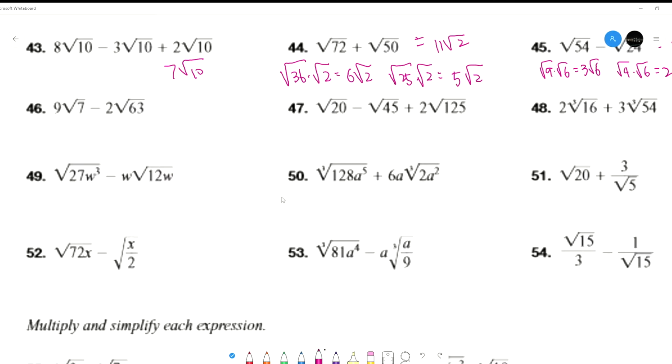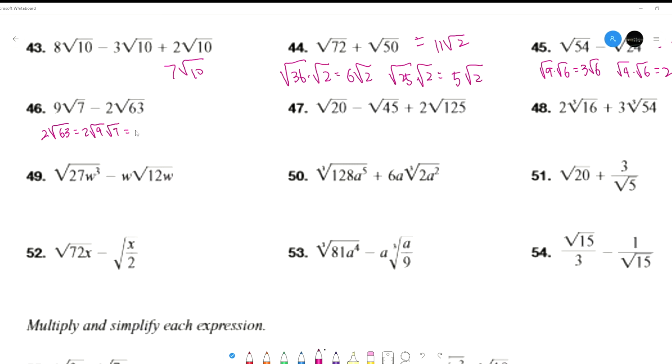Now, usually when you're combining, adding or subtracting radicals, most of the time the other radical is going to have a radical 7 in it. And you can see it, right? It's 7 times 9. So let's say the 2 radical 63 is equal to 2 radical 9 radical 7.